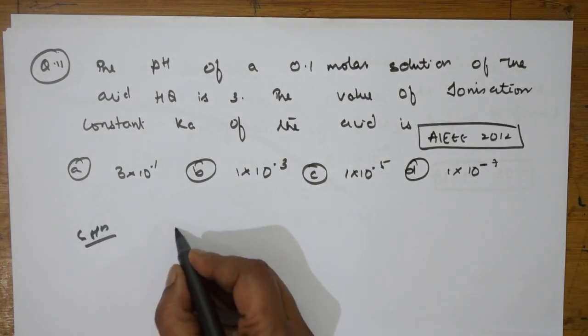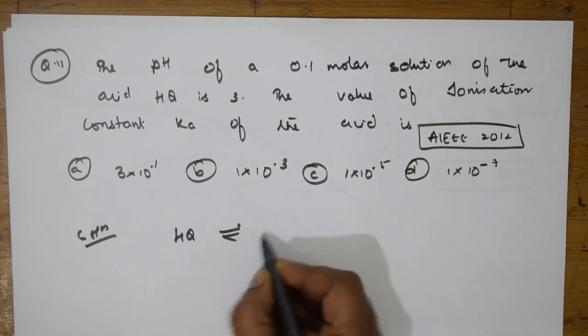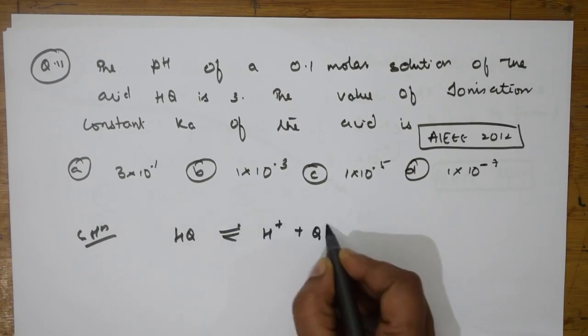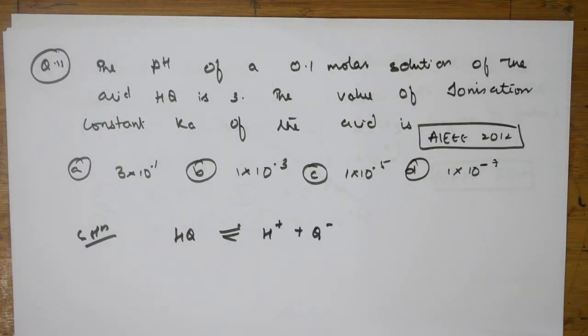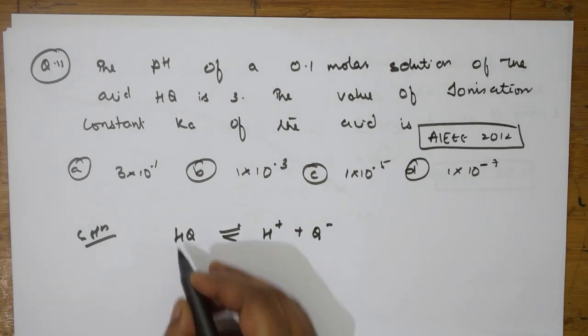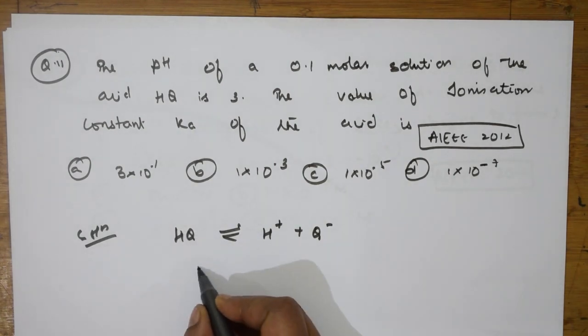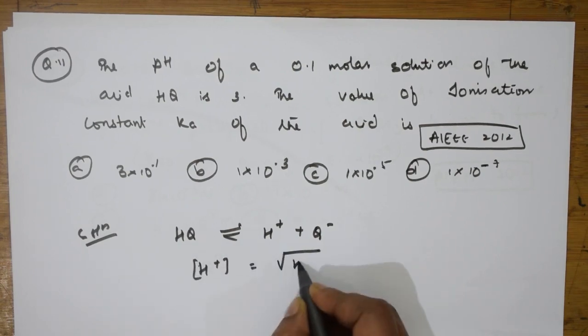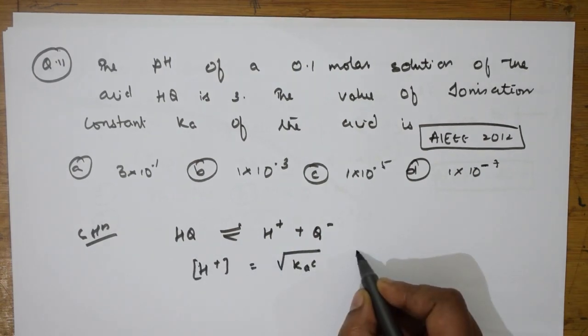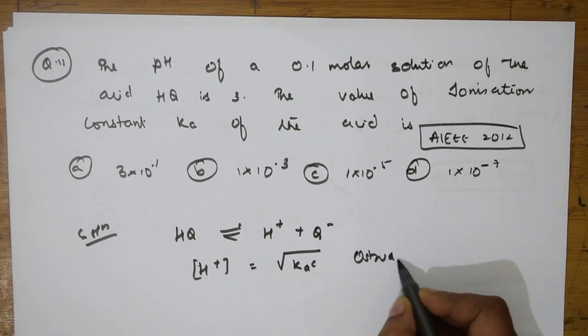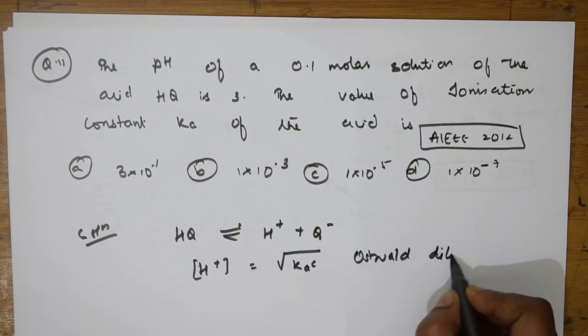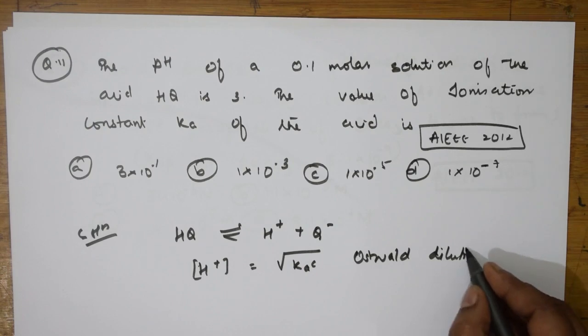As soon as this is given, just write HQ dissociates into H plus and Q minus. I need to find the ionization constant Ka. So H plus is equal to root of Ka times C. This comes from Ostwald's Dilution Law, because I need Ka.